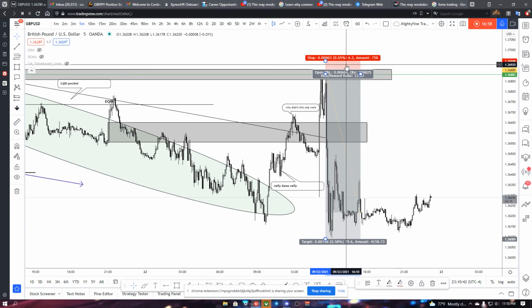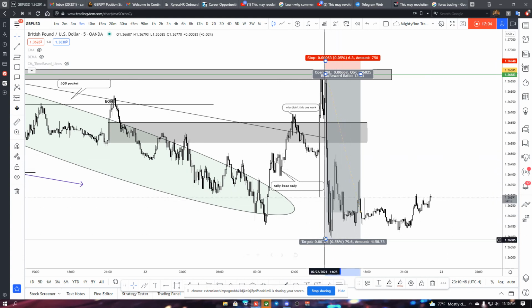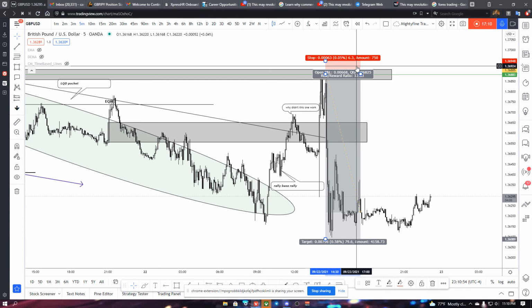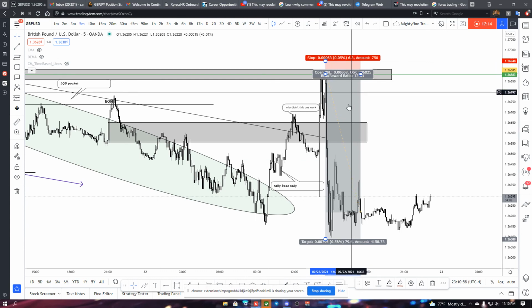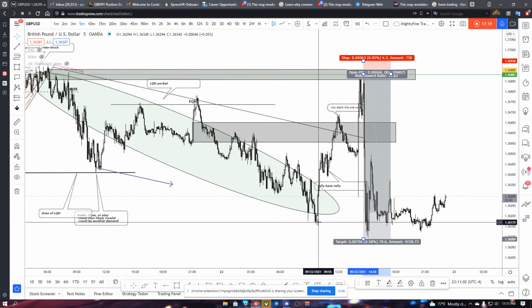I don't even know what this is, but it just melted. The risk to reward on this is crazy. Let's go ahead and say it was 10 pips. This is a 1 to 8. Your TP would be past this structure point.